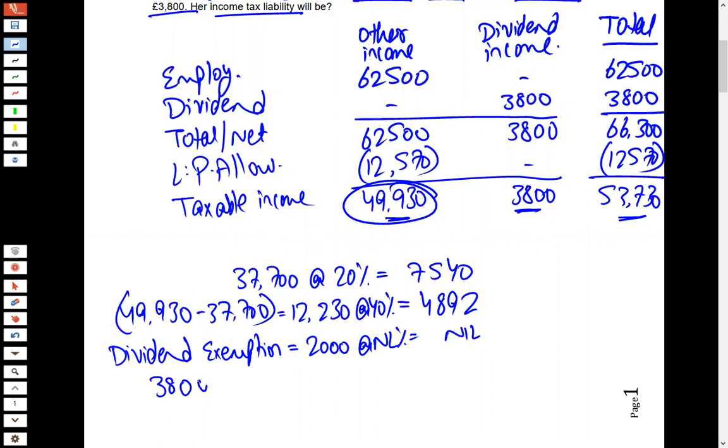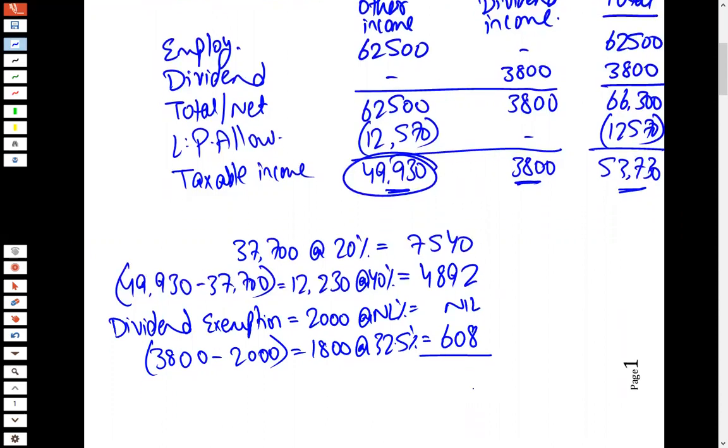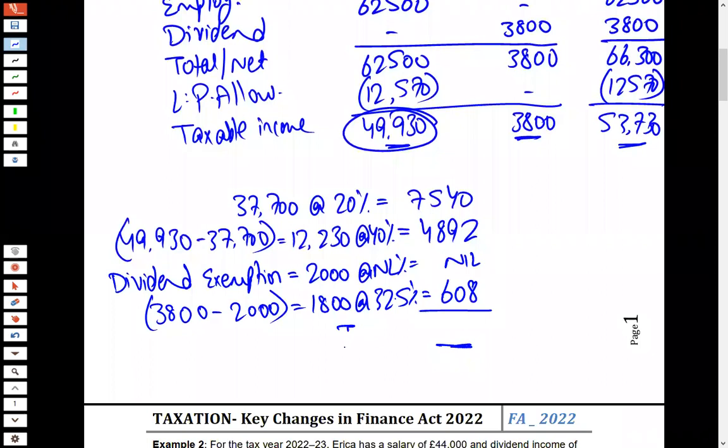Then the total dividend is 3,800, out of which 2,000 falls into the exemption. As a result, the amount which is going to be taxed is at the rate. As a result, if I look into this, the income tax liability amount, allow the casting error on my end, please.